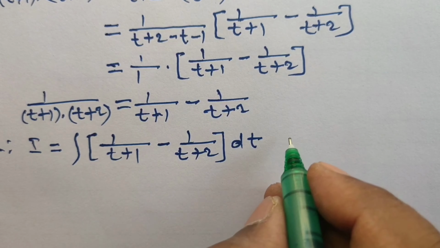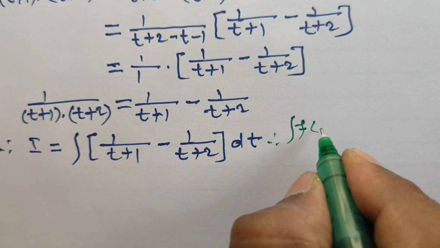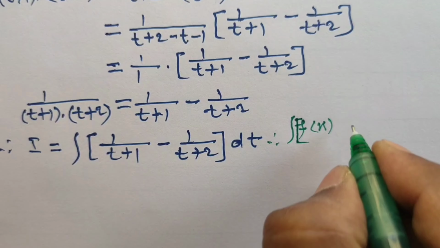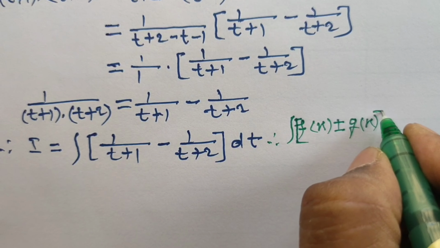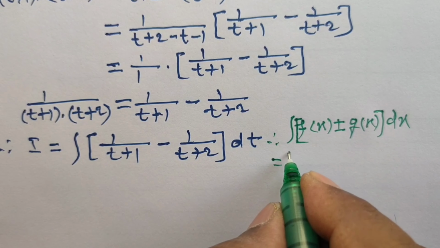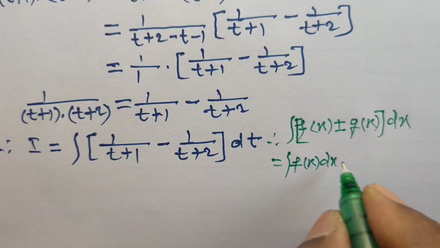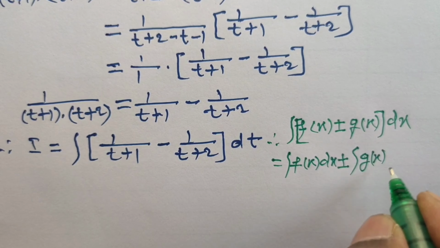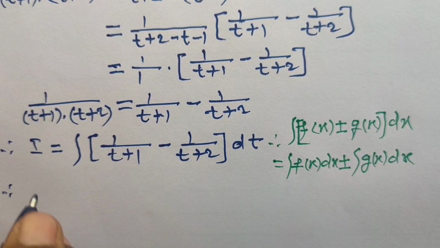Applying the property of integration, integral of (f of x plus or minus g of x) dx is equal to integral of f of x dx plus or minus integral of g of x dx, we can separate this integral applying this property.